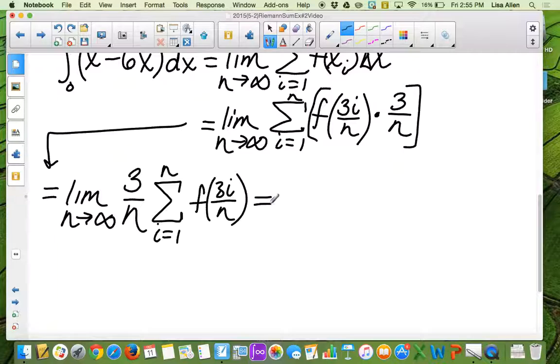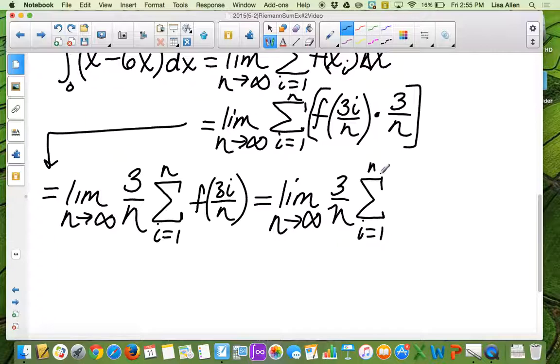Now I'm going to put the expression for f of x in the mix. So I have the limit as n approaches infinity of 3 over n times the summation of i equal to 1 to n. Now I need to put in the function, where I have that x expression, 3i over n.